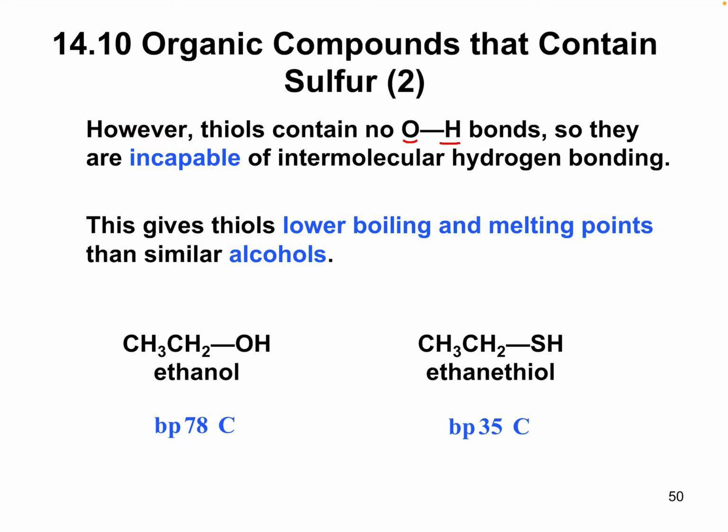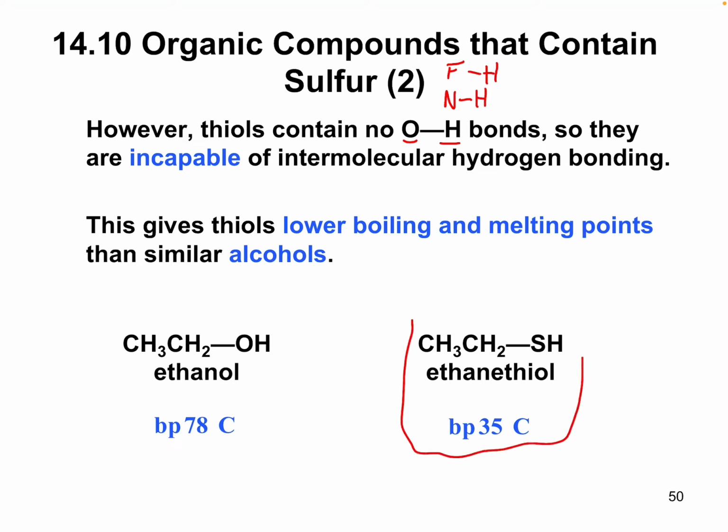So in order for a molecule to contain hydrogen bonding, that type of intermolecular forces, there has to be a covalent bond between an oxygen and hydrogen, or a nitrogen and hydrogen, or a fluorine and hydrogen. So any of those kind of covalent bonds will allow a molecule to do that type of intermolecular forces called hydrogen bonding. So SH isn't any of those. So thiols can't hydrogen bond.